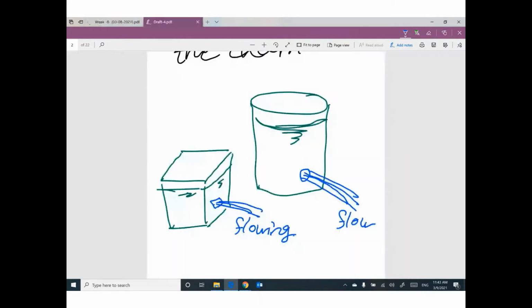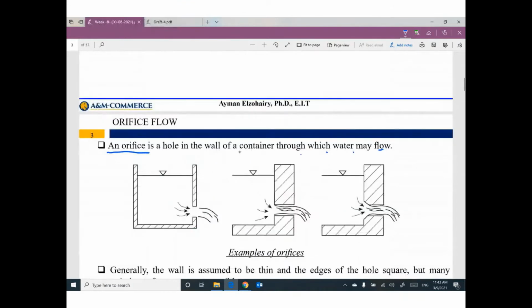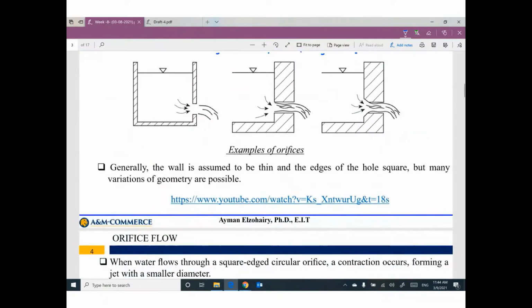So the meaning of orifice is a hole in the wall of a container through which water may flow. Like this one, or this one, or this one. And the exit of the orifice is different.